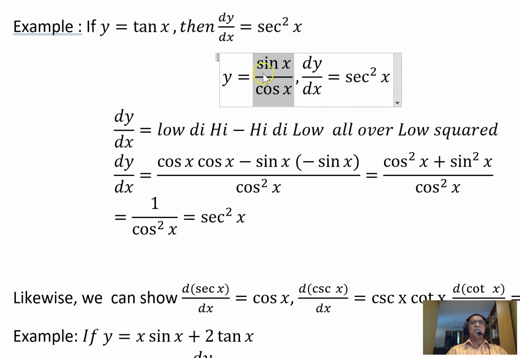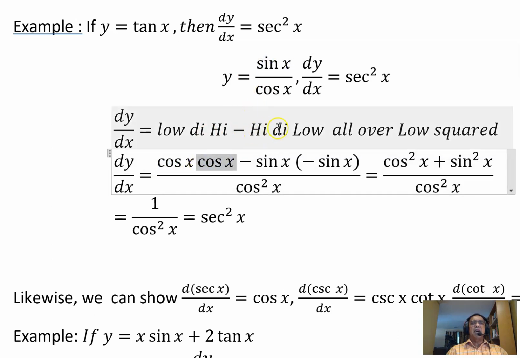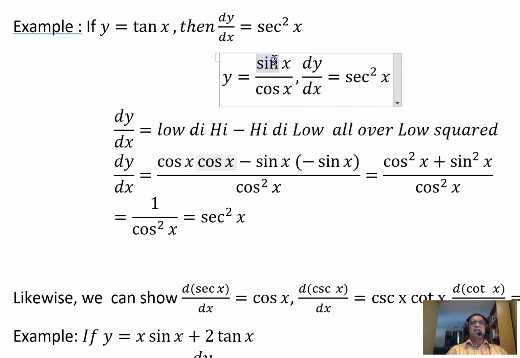With the quotient rule, what you do is low d high minus high d low, all over low squared. The low is cosine x, and d high is the derivative of sine x, which is again cosine x. Minus high d low: high is sine x, and d low is the derivative of cosine x, which is negative sine x.